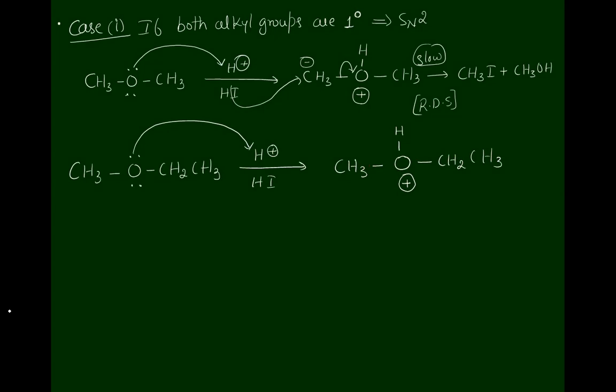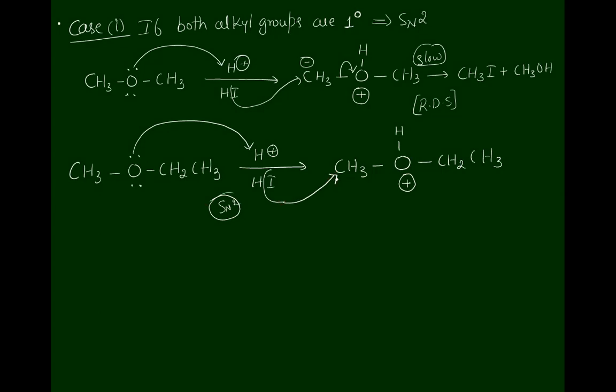Iodine always attacks the carbon atom from the backside, which should have less hindrance. If you see here, CH3 has only one group, while CH2CH3 is a bulky group. Since iodine attacks from the backside because it follows the SN2 mechanism, the carbon atom should be less hindered, therefore it attacks this one.